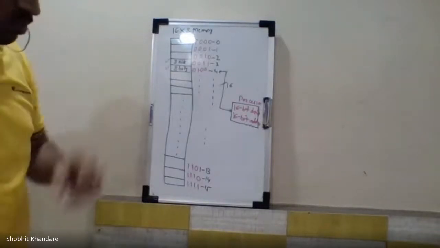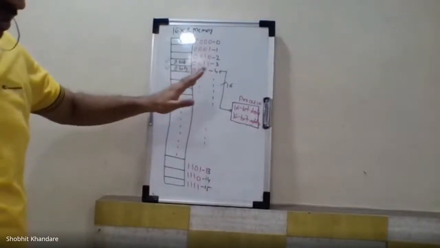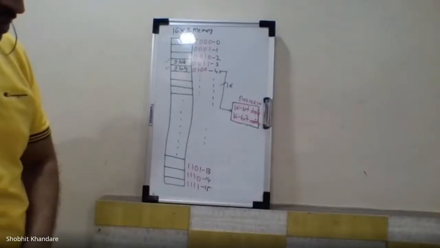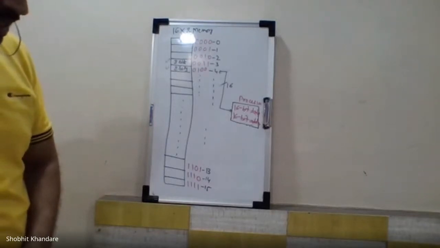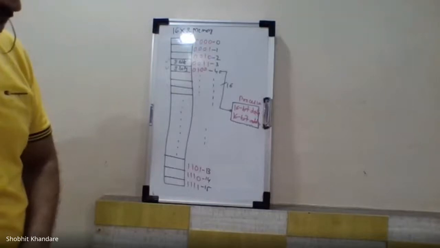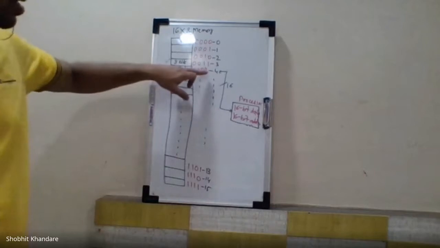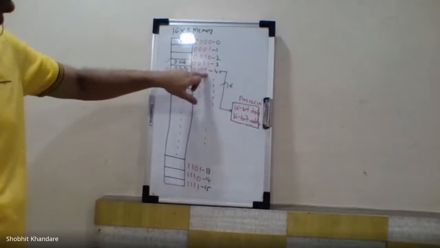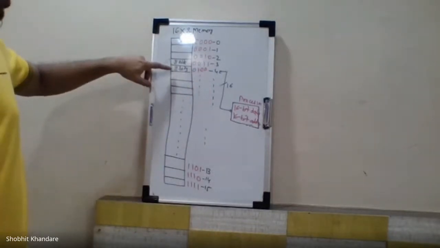But if the microprocessor requires 16 bits of data, then it takes the second location from memory address 4, that is 0100. So the first 8 bits are taken from here, the second 8 bits from here.